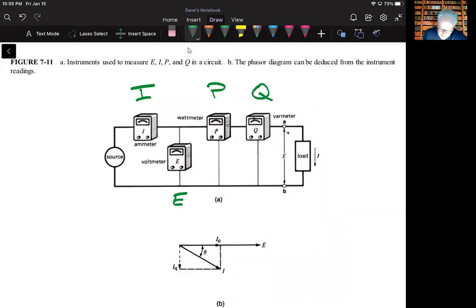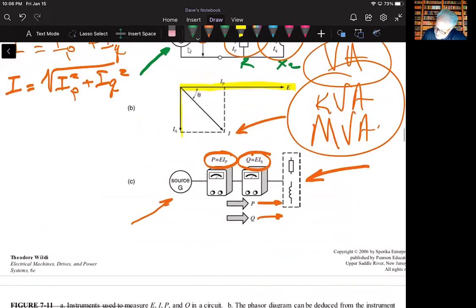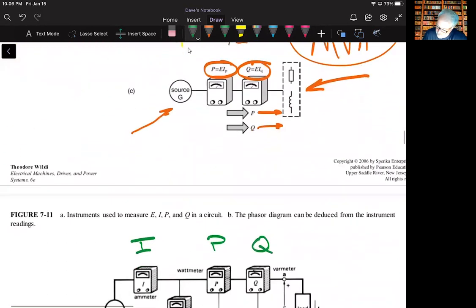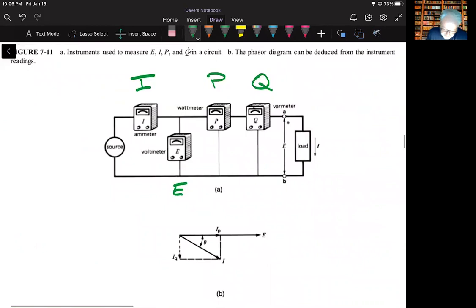So knowing that both the active power and the reactive power are positive, we know that the load itself absorbs active power and absorbs reactive power. So that tells us it's this type of load that we looked at earlier, in the section before.